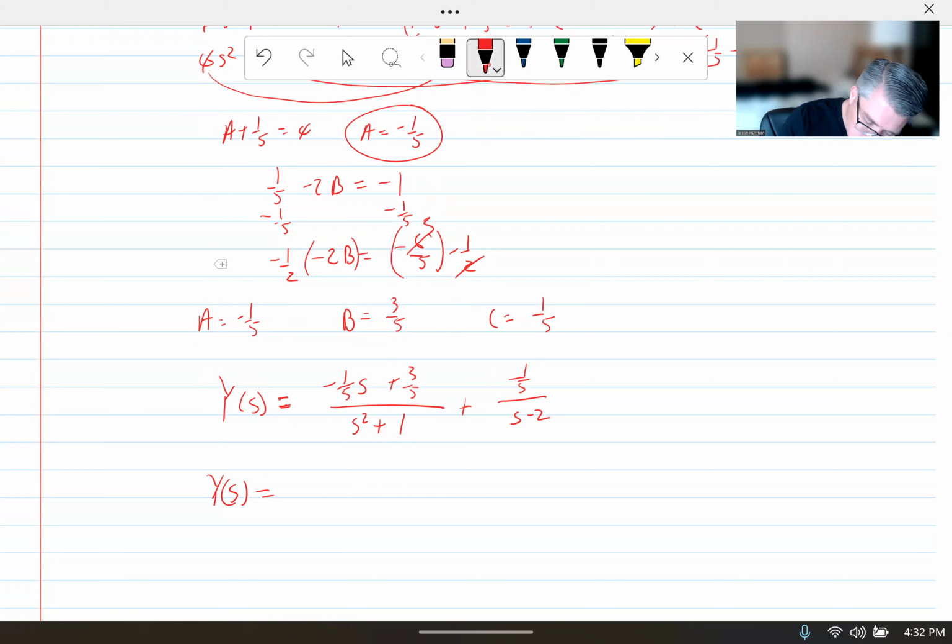Well, maybe I won't skip steps. Just go negative 1/5 s over s squared plus 1, plus 3/5 over s squared plus 1. Plus 1/5, I'm going to write this as 1/5 times 1 over s minus 2. I'm just trying to set this up for my inverse Laplace transform.